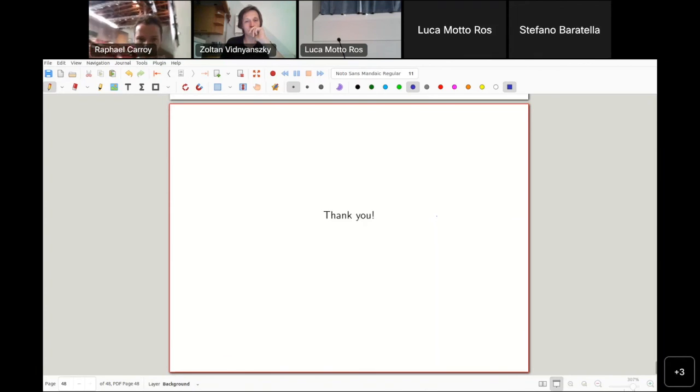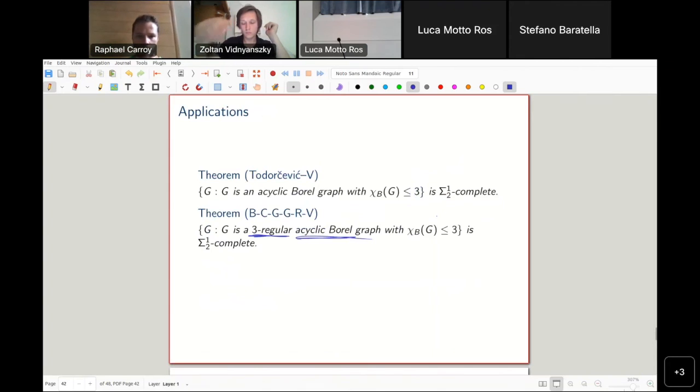Okay, can you just go a few slides before with the sigma 1-2 completeness result? So Stevo is saying that in the previous theorem you're working with the shift graph, and he's asking what kind of graph you're working with in the second theorem.